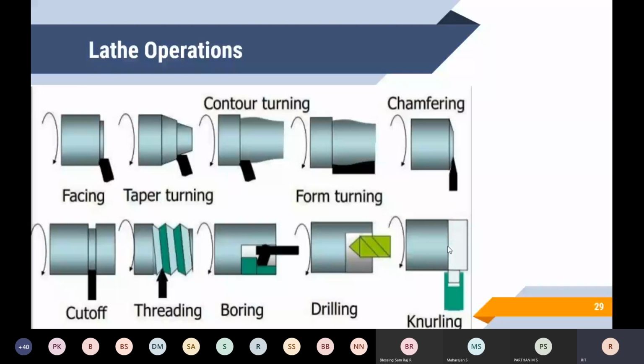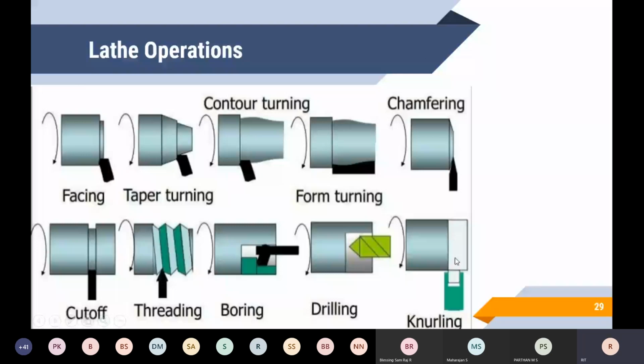Facing reduces the length of the job; taper turning reduces the diameter gradually; chamfering gives a tapered face at the end of the job; cutting off separates the workpiece; threading makes helical portions; boring enlarges the internal diameter; drilling makes holes; knurling makes an impression for gripping. These are all the basic lathe operations.